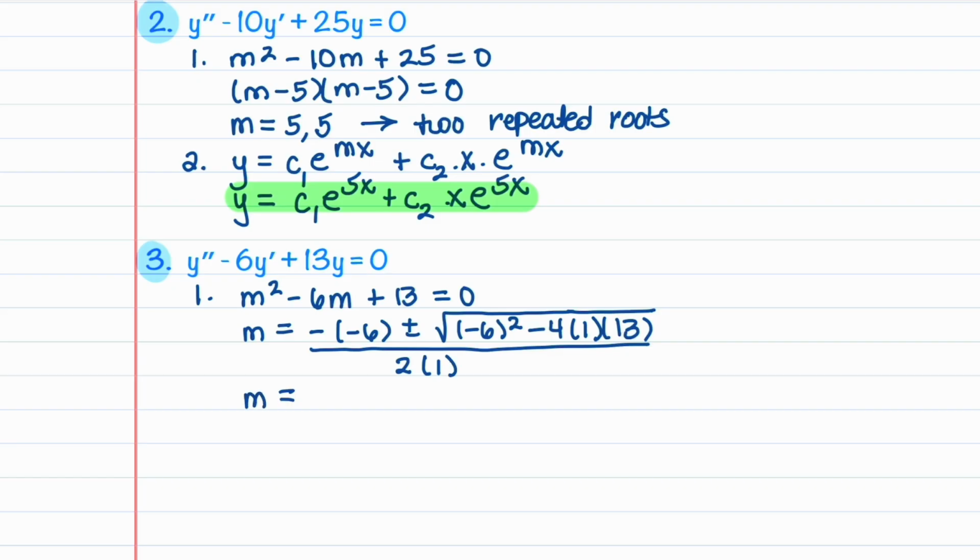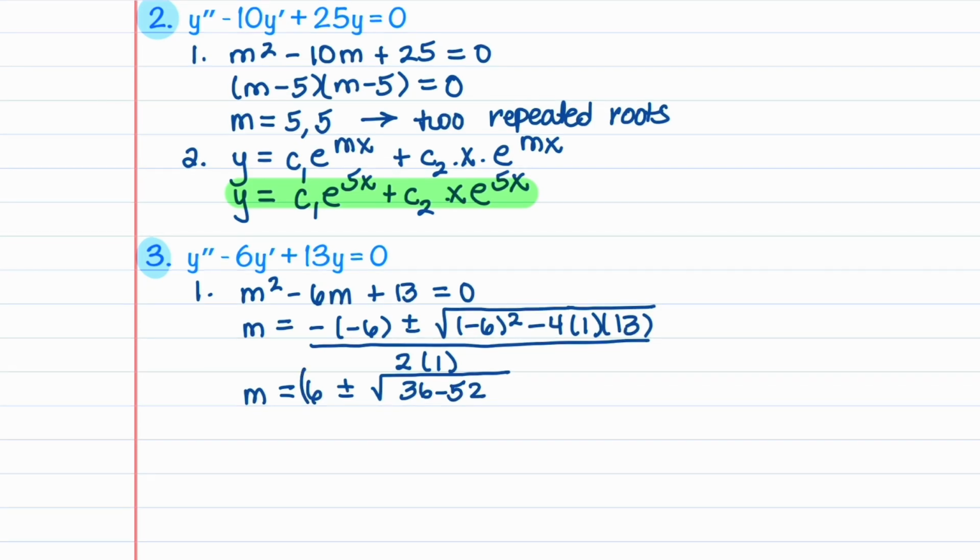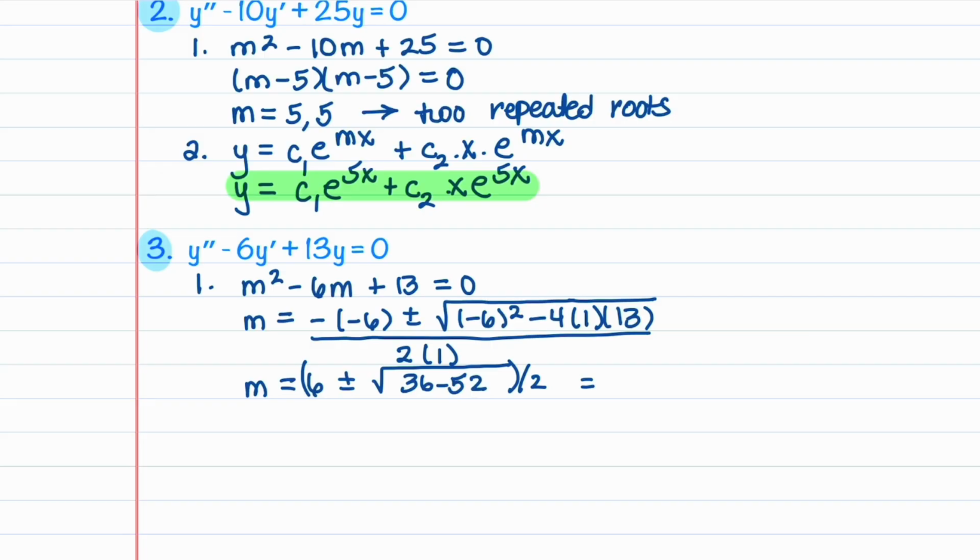This gives us m is equal to 6 plus or minus the square root of 36 minus 52, and let's divide all of this by 2. That is minus 16, and we divide it by 2.